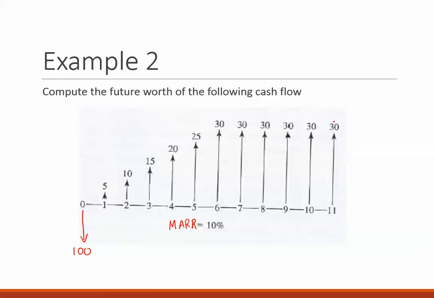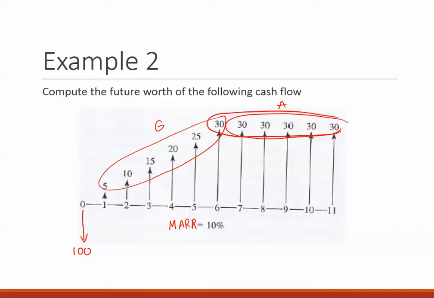Now, there's several ways to do this, and the reason I chose this example is because it's good practice for showing the different options that we have when we move money over. So at the end of the day, what we want is to know the future worth of this, and we can use a gradient here, so this can be a G, and this can be an A, or we could include that 30 with the A and finish the G right there. So I'm going to choose to do the option that I did first.